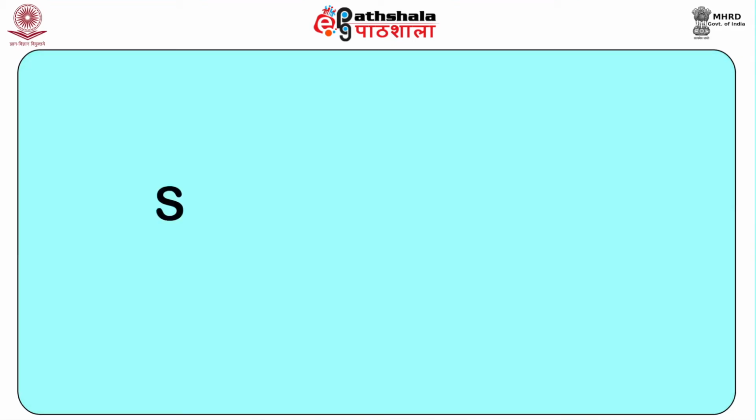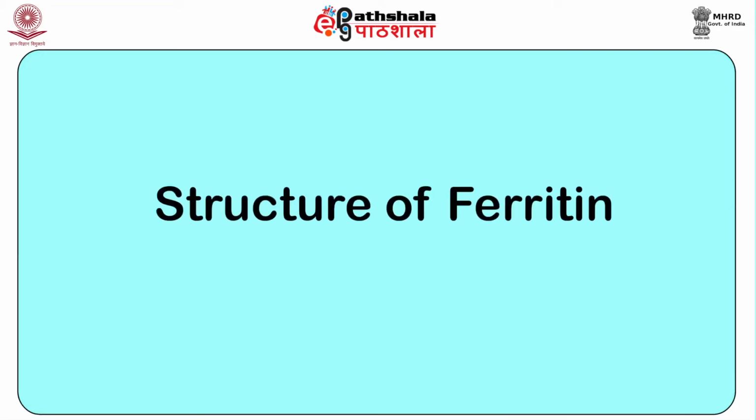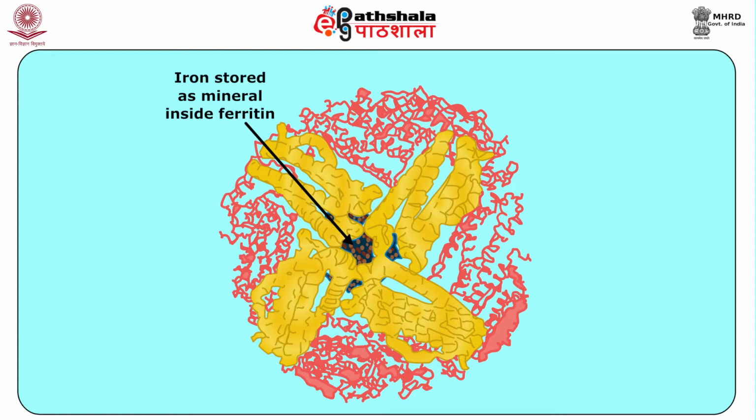Let us get an idea about what ferritin looks like, that is, the structure of ferritin. The structure of ferritin is of considerable heterogeneity and comprises primarily two important components, a protein coat and an inorganic core suitably encapsulated within the coat.